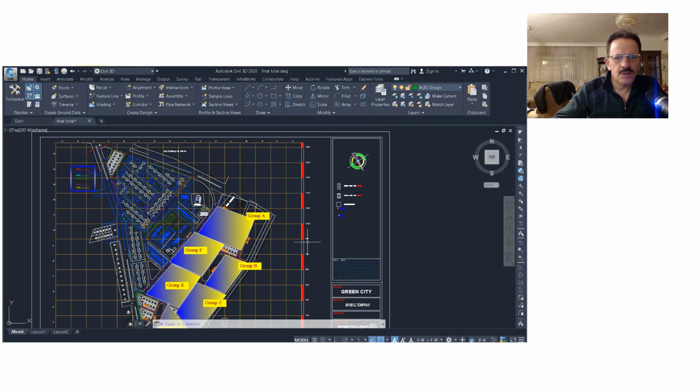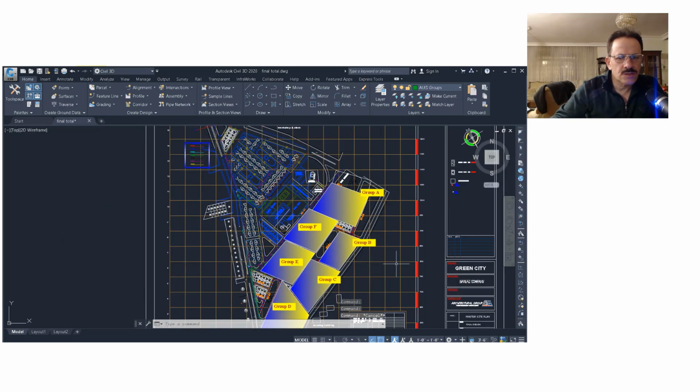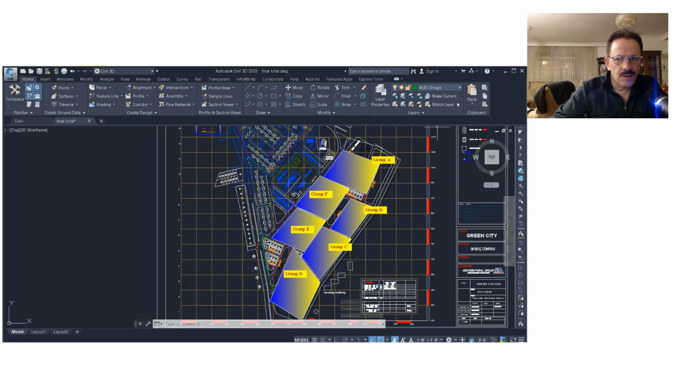For beginning with any project that you have, usually the file that you will receive has a lot of architectural work on it. There is a lot of survey work on it, and they are all working in a certain layer, their own layers.